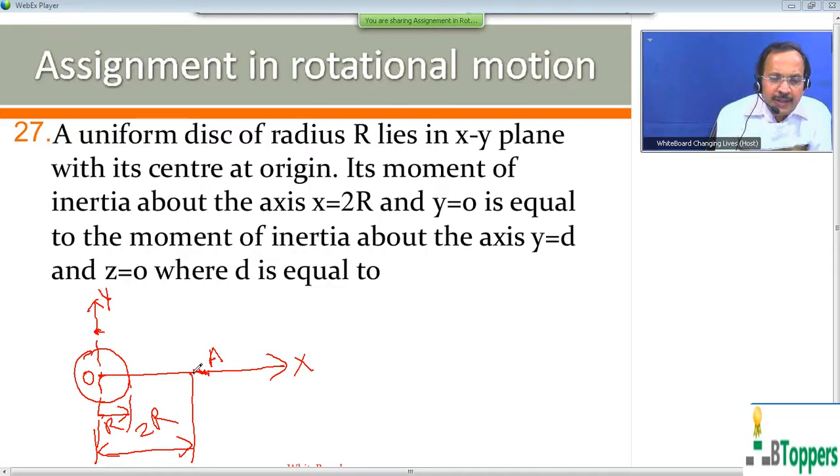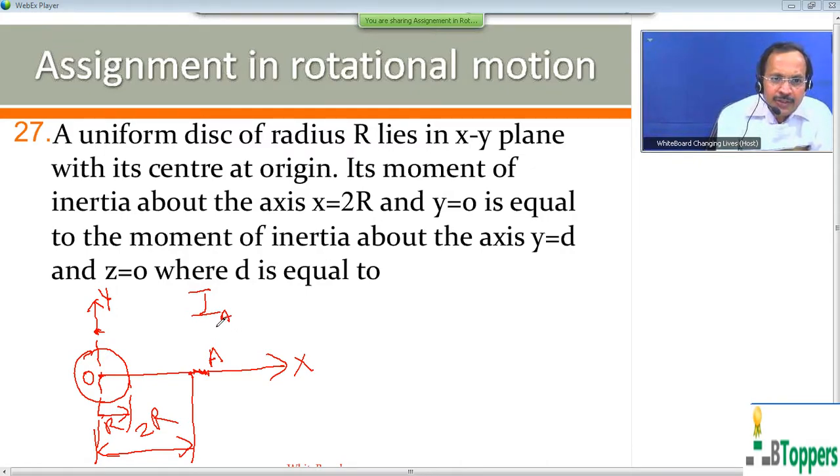So for the axis perpendicular to the plane of the figure and passing through the point A, you can take y as 0 and x equal to r. That means the axis is parallel to the z-axis. The axis passing through the point A is parallel to the z-axis and perpendicular to the x-axis passing through the point A.